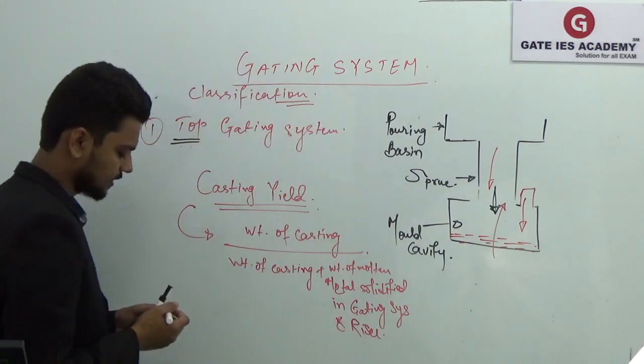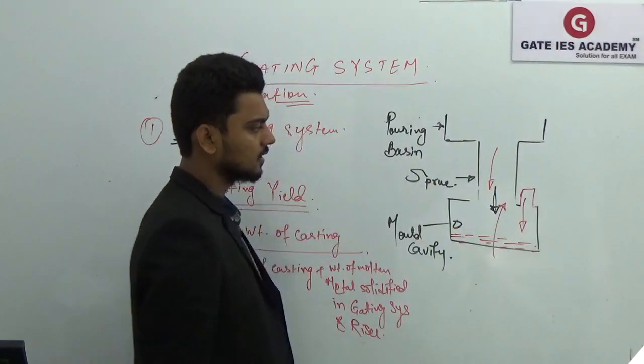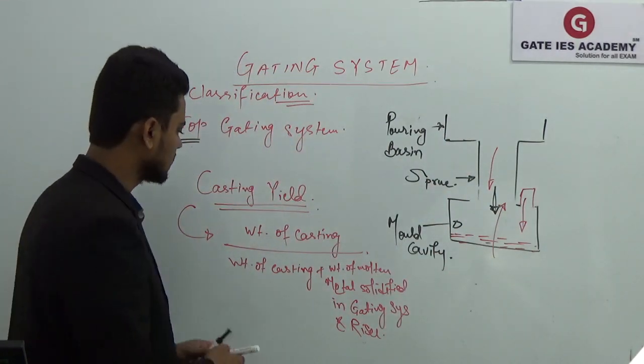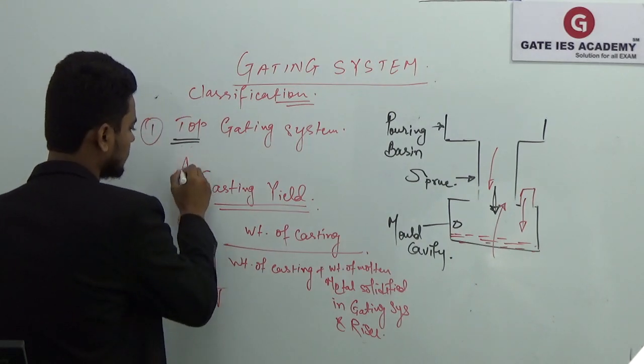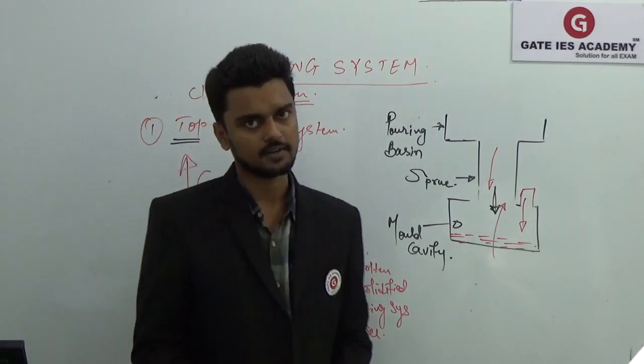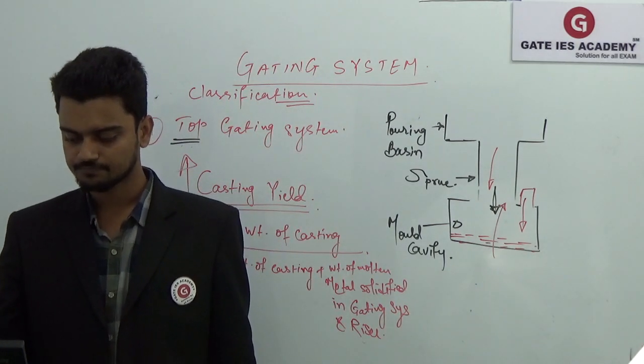That is your total weight of molten metal. That is what it means. So here we are not using any runner and all that, so the denominator will be less. So the casting yield will be very high in that case. So we will get higher casting yield in the top gating system.